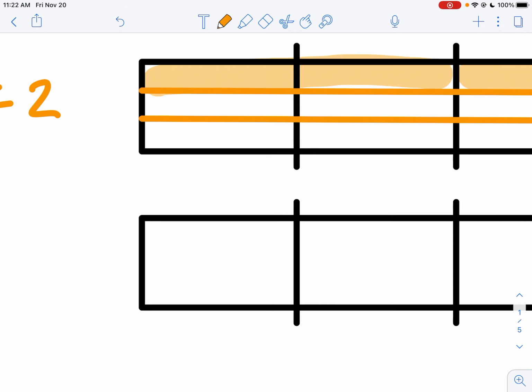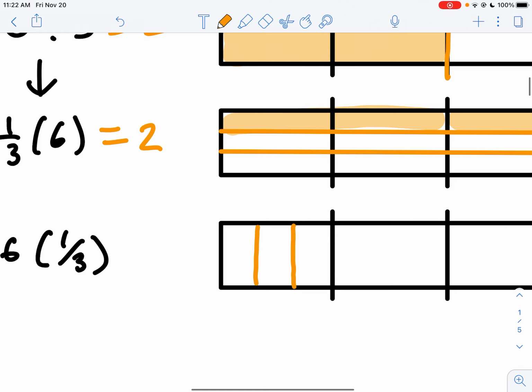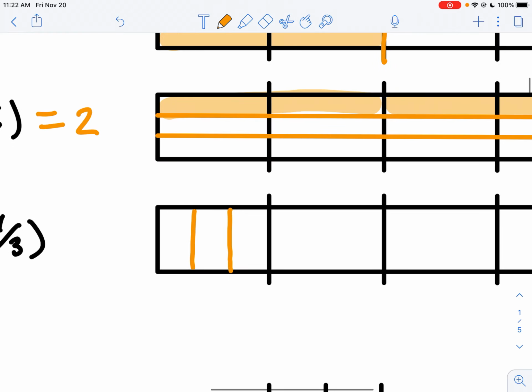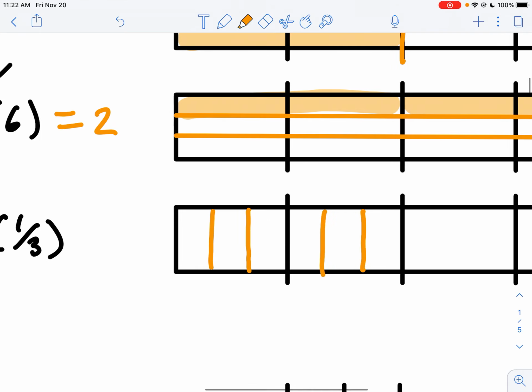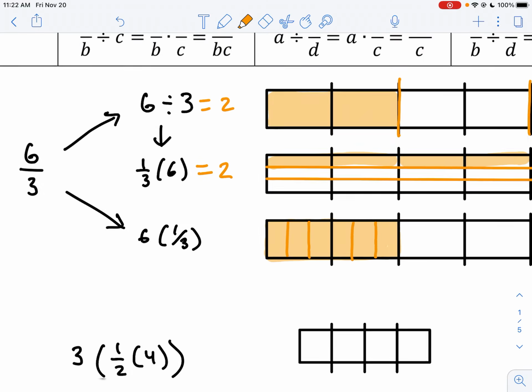So I first have to break that into thirds, but instead of doing it horizontally like this, I'm going to break this into thirds vertically, something like that, and then do 6/3. Well, there's 3/3 right there already, and we need 3 more thirds. And so 6/3 is going to be this amount, which also is 2.